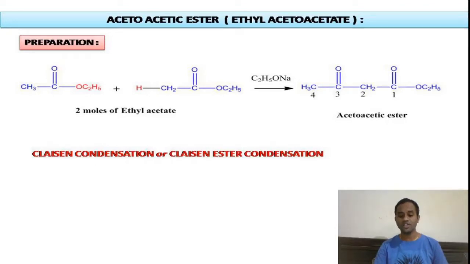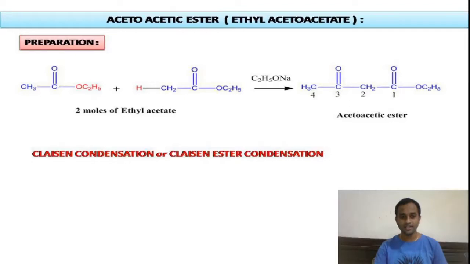What is a condensation reaction? In this reaction, usually the reactant molecules combine to form product with loss of small molecules like water, ammonia, alcohol, right? Such type of reactions are called condensation reactions.